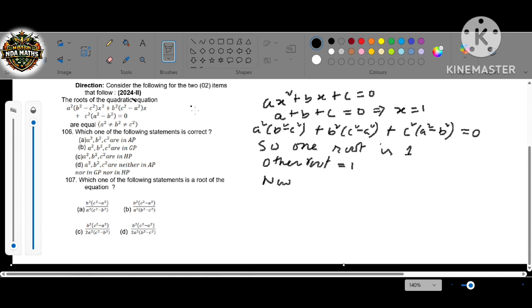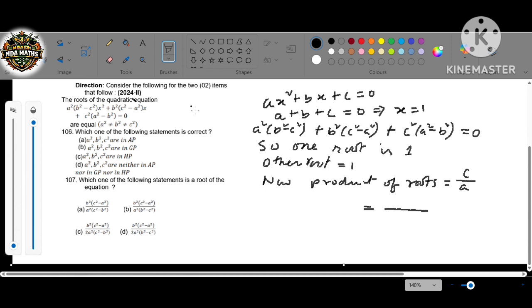Now, the product of the roots. We know the product of the roots formula is c by a. C means the constant term, a means the coefficient of x square.